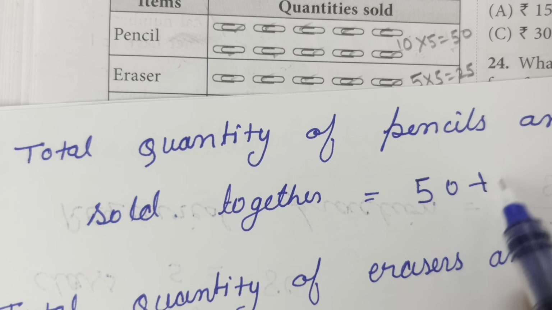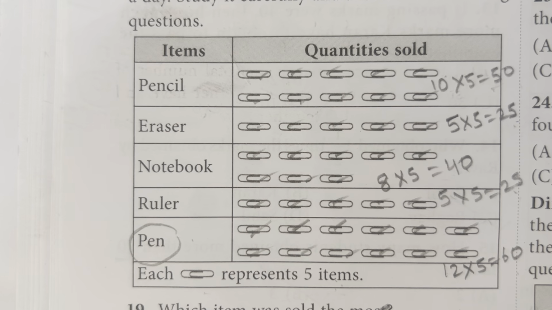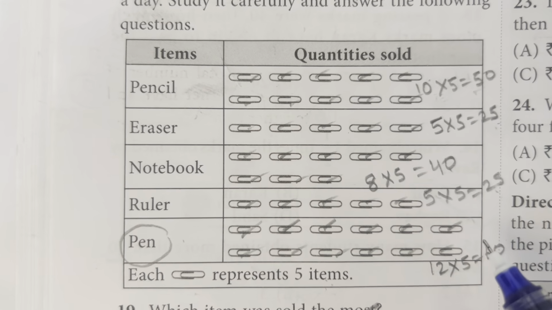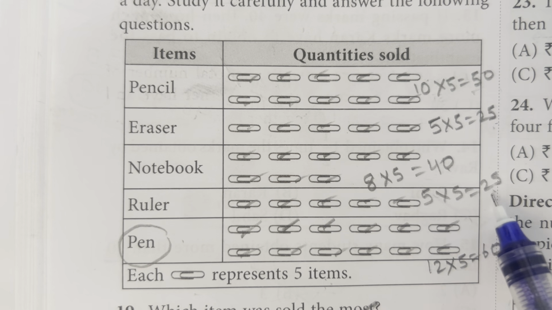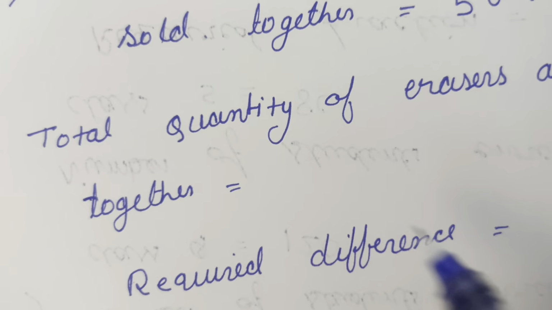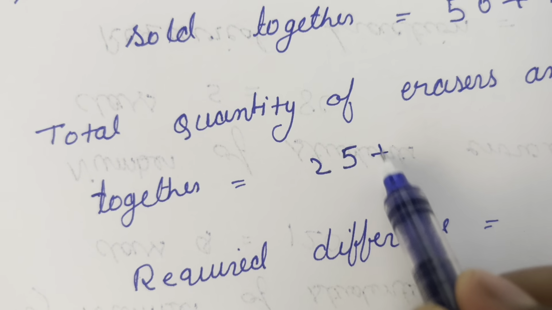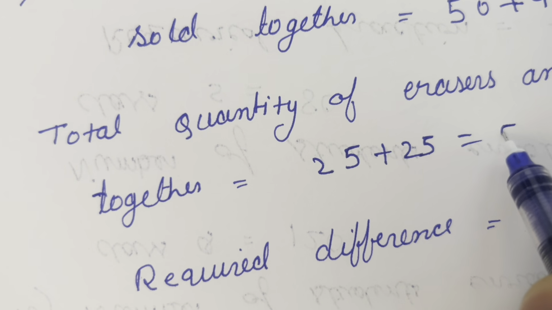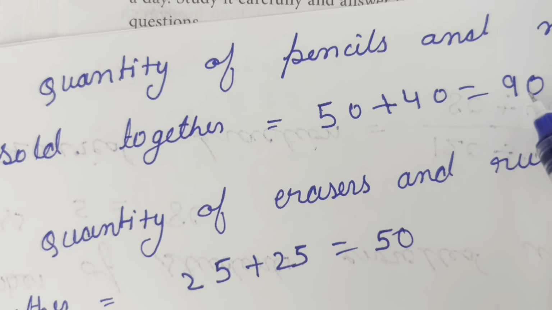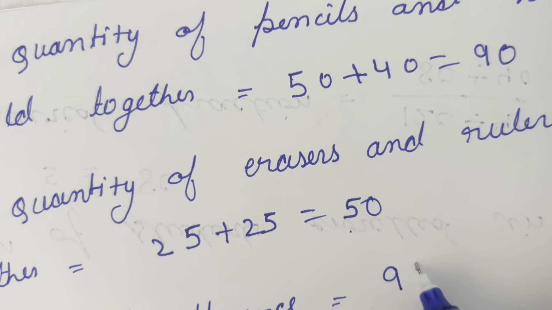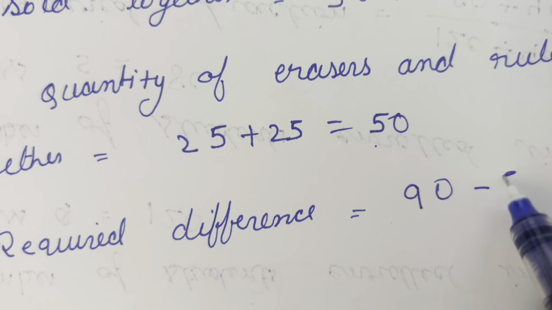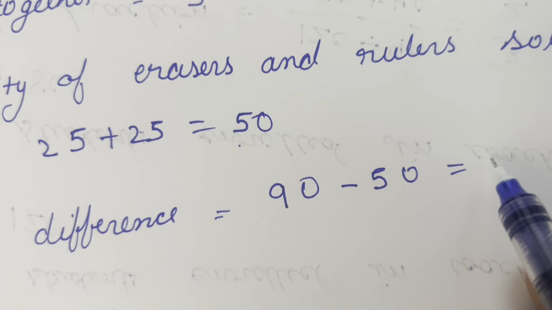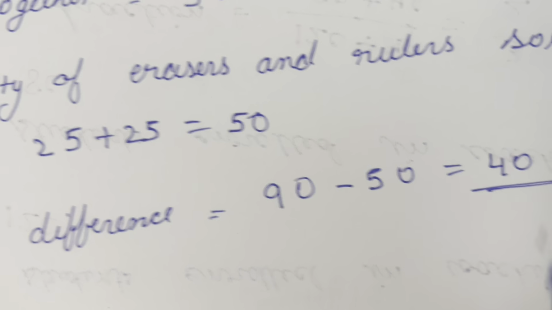Next, the total quantity of erasers and rulers sold altogether is equal to, number of erasers 25 and number of rulers 25. So 25 plus 25 is equal to 50. So the required difference is 90 minus 50, that is equal to 40. So our right answer is 40.